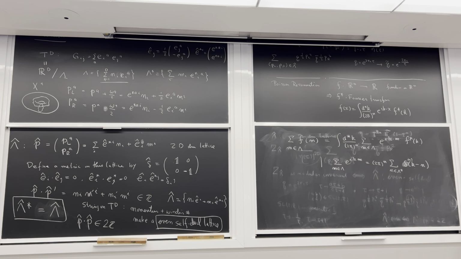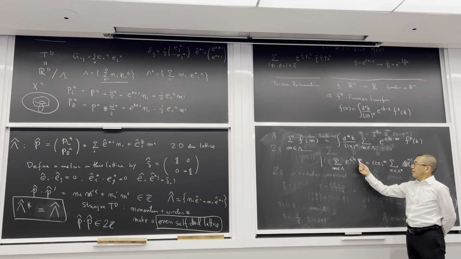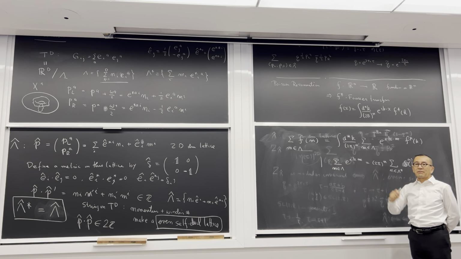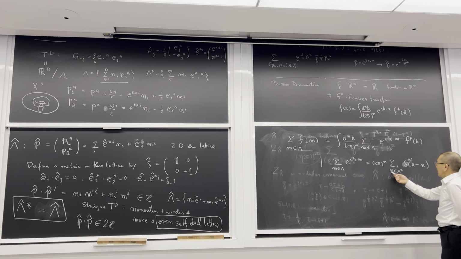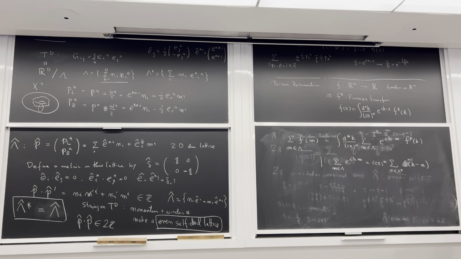Namely, if you sum e to the i k x where x takes values on the lattice points, then the result of the summation is a sum of delta functions on the dual lattice.